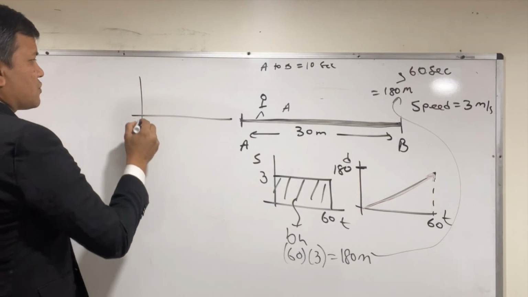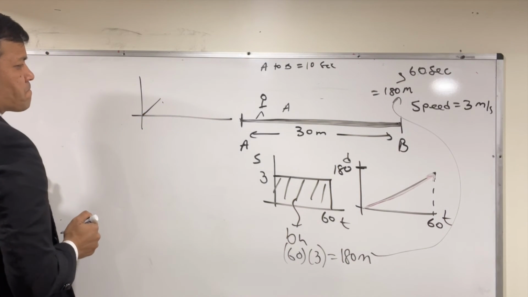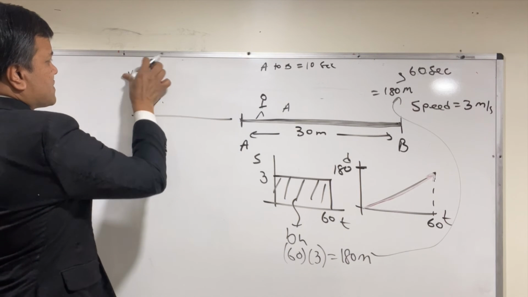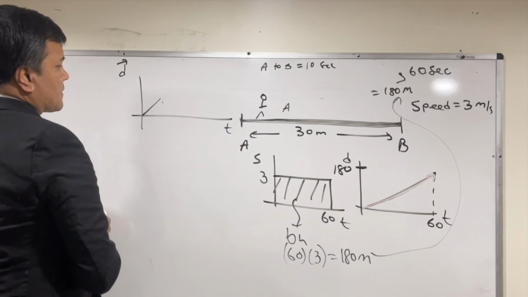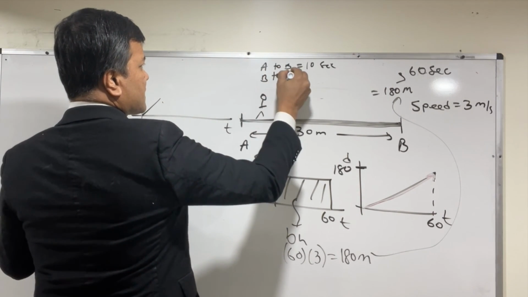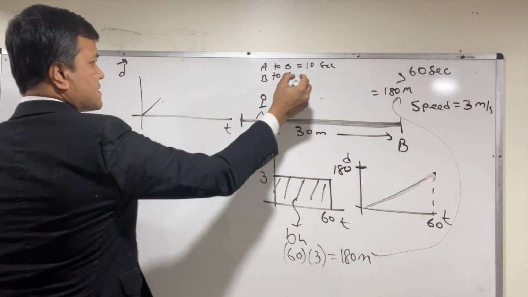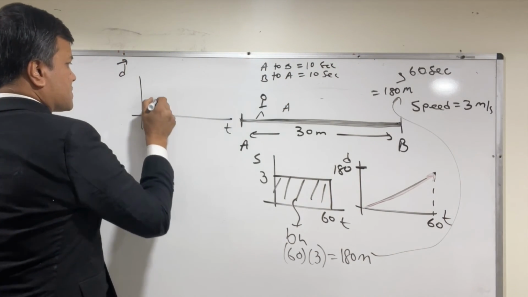All right, so A to B, it takes him 10 seconds. Okay, and this is of course displacement versus time graph. Okay, and then B to A, this is another 10 seconds. All right, so this is B to A, so this is 10 seconds.